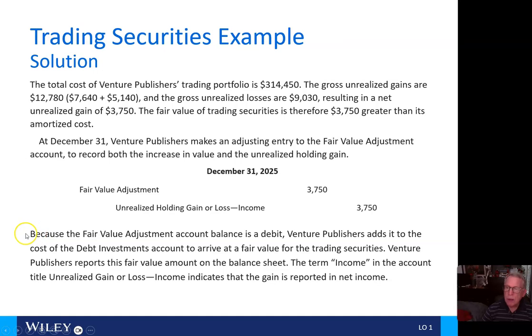Because the fair value adjustment account balance is a debit, Venture Publishers adds it to the cost of the debt investments account to arrive at a fair value for the trading securities. Venture Publishers reports this fair value amount on the balance sheet.